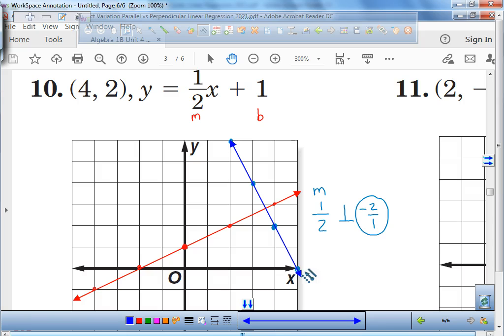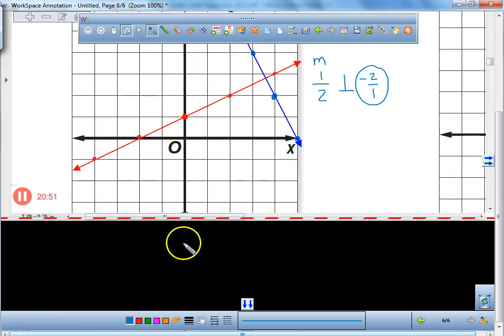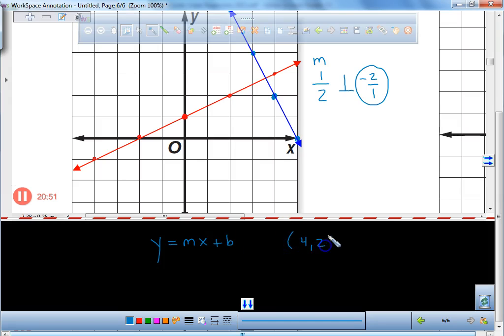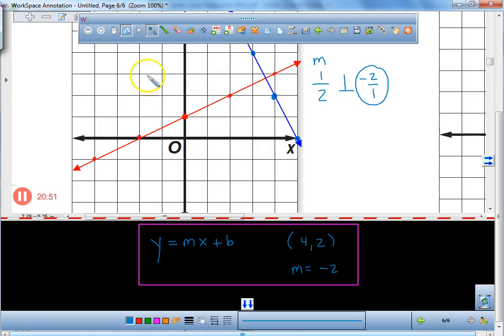Now, guys, I don't know what the line is, but here's what I do know. In y equals mx plus b, I know the ordered pair, and I know the slope. So guys, in your journal right now, I need you to write this down under your perpendicular section.